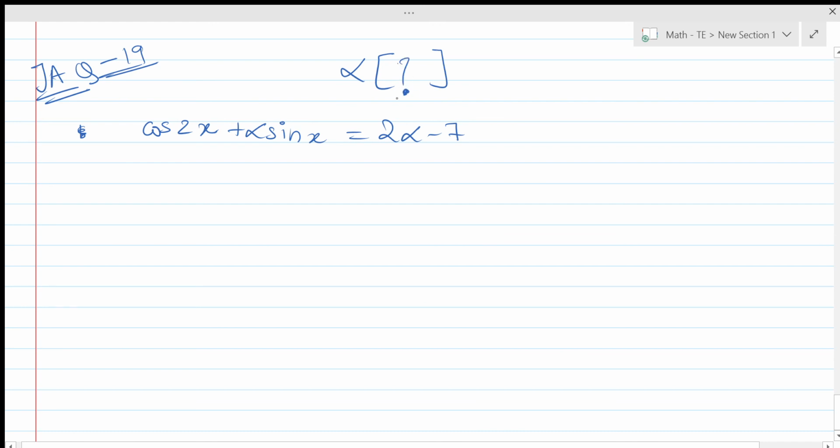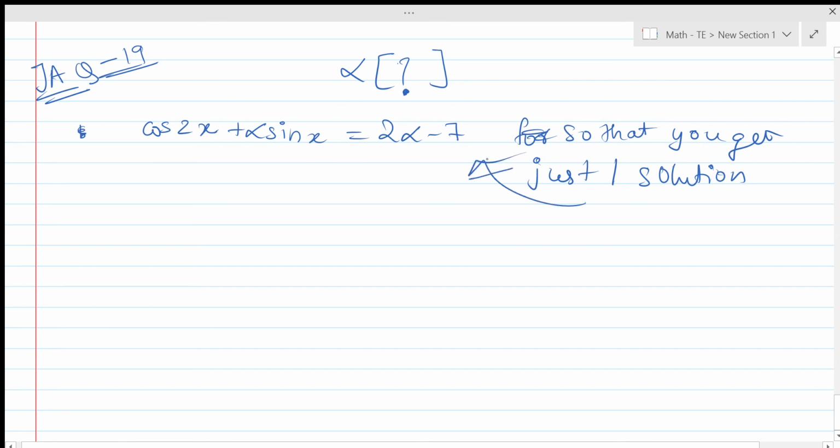What range of alpha do you get so that you get just one solution for this? Well, it's barely simple. You will understand what we have to do here. Let's first bring alpha on one side and everything else on the other side.